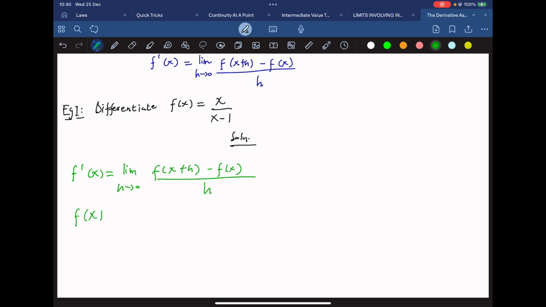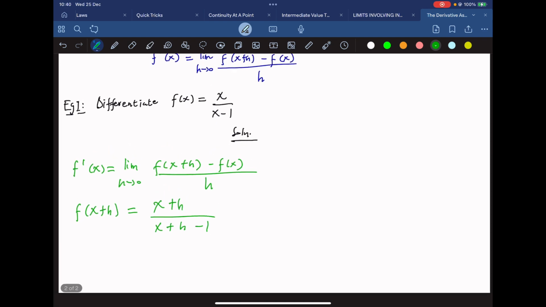So now let's find f of x plus h. F of x plus h simply means wherever we see x in our function, we have to replace it with x plus h. So in this case, we have x, so we replace it by x plus h. In the denominator, we have x plus h minus 1.